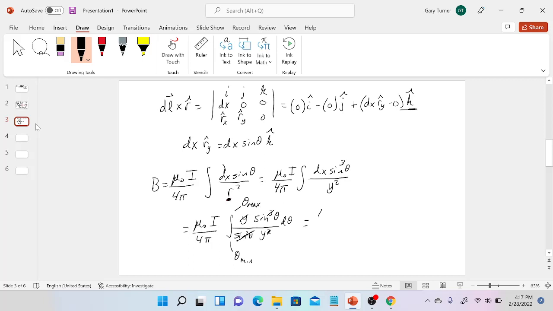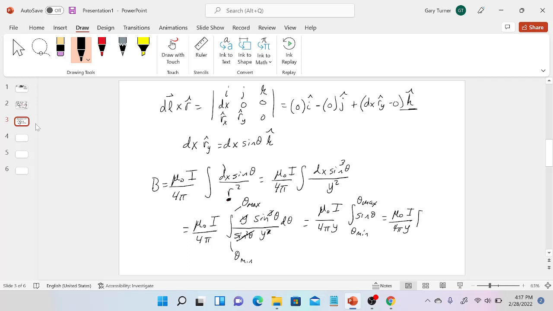So I'm going to integrate from here and then sweep across until I reach this angle theta max. And so this equals mu naught I over 4 pi times, y is a constant, so it can come out of the integral, times the sine of theta from theta min to theta max. Okay. And then this is mu naught I over 4 pi y.